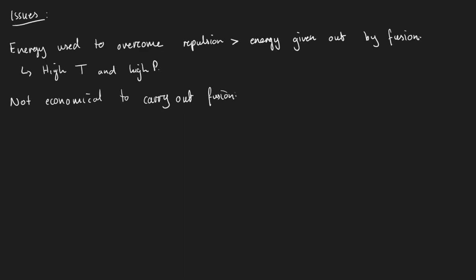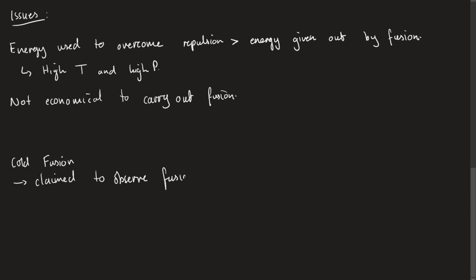There was a single experiment, which is kind of a one-off, which was cold fusion. And this was a single experiment that claimed to have observed fusion. So it claimed to observe fusion at room temperature.